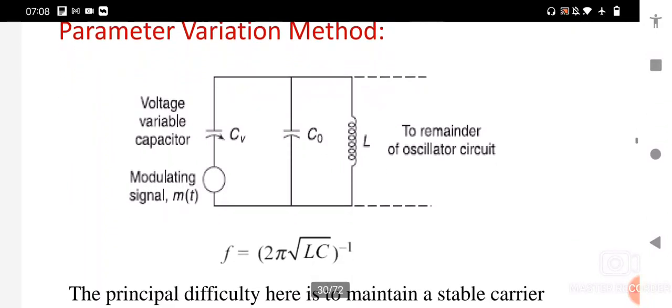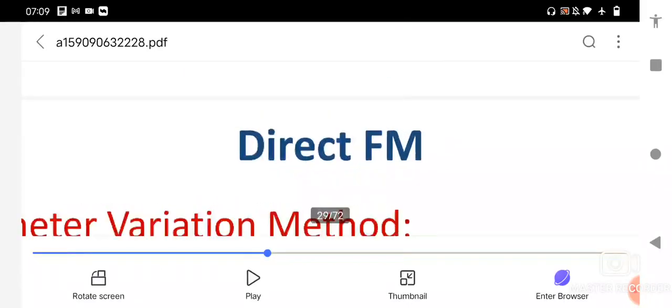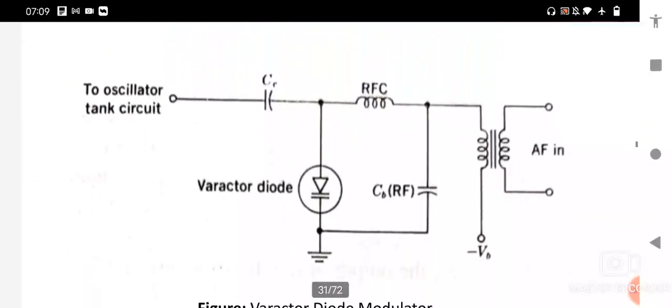The frequency is f equals 1 by 2 pi root LC, that is 2 pi root LC whole power minus 1. The principal difficulty here is to maintain a stable carrier frequency over an extended period of time. This is about generation of direct FM by using the parameter variation method.